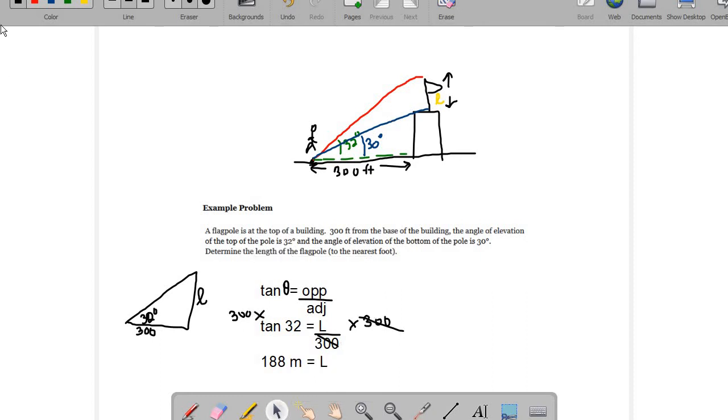Alright, you're going to do the same thing for the other triangle, the 30-degree triangle. We dealt with the 32-degree triangle already. Now we're going to deal with the 30-degree triangle.